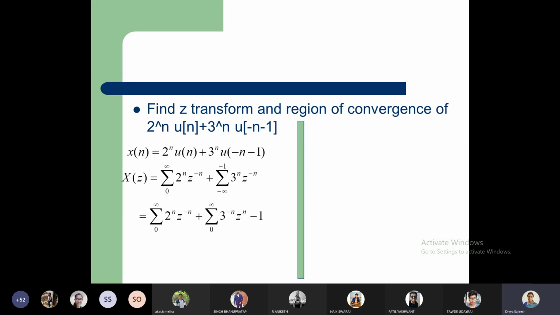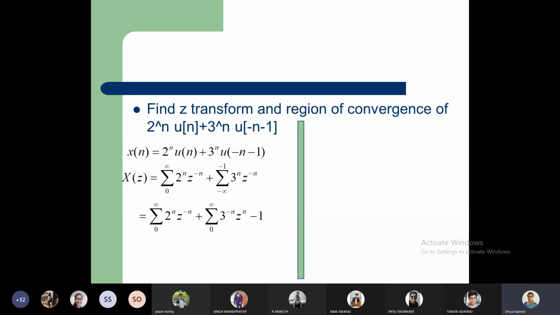In the next step, I will interchange the limits. It was from minus infinity to minus 1. I will change it to 0 to infinity.